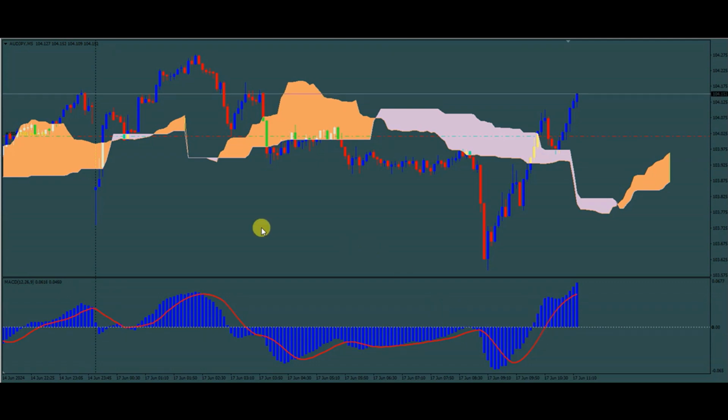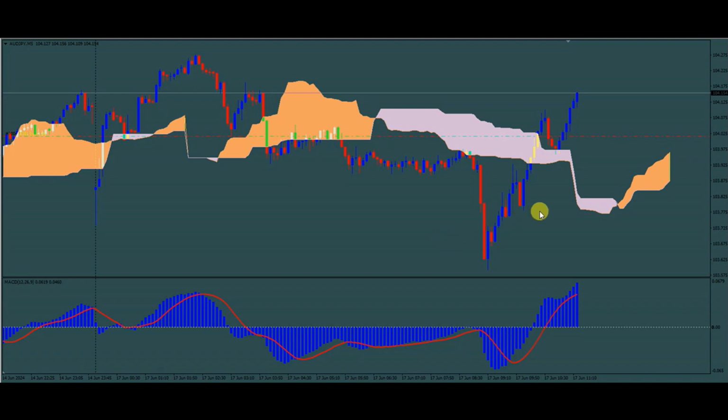We are using the free indicators which you have in MetaTrader 4 or MetaTrader 5, or if you are trading from TradingView, you have the same Ichimoku. Ichimoku is a popular indicator which everyone knows. If you are trading the financial market, you should be familiar with Ichimoku, and also with MACD.